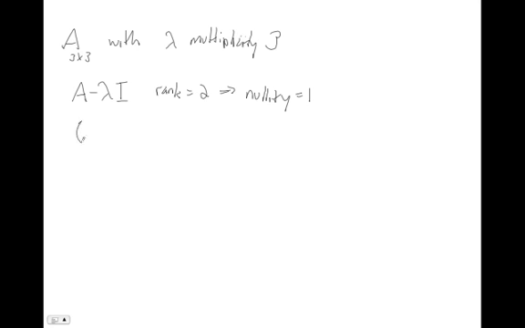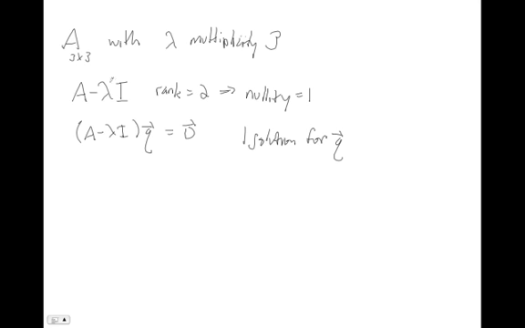That means that in solving the equation A minus lambda I times Q equals 0, there's only one solution because the dimension of the null space is 1. So there's one solution for Q, meaning there's only one eigenvector for this set of equations. And remember, when I say solution for Q, it's a vector solution where any linear multiple is also a solution. So it's not distinct numbers, it's more of a direction.